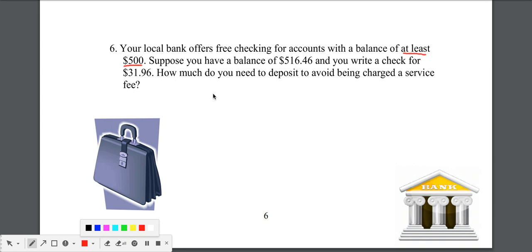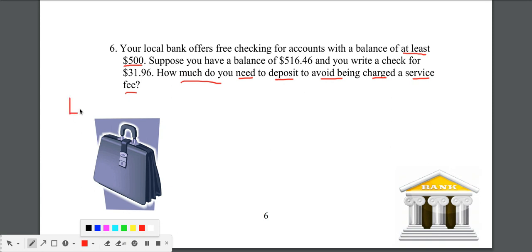Let's write all the transactions, like the adding and subtracting of different things that you're going to do to your bank account. In order to avoid, it says here, you're going to write a check for this much. How much do you need to deposit in order to avoid being charged a service fee? So it's true that they often charge you a fee if you go below your minimum balance.